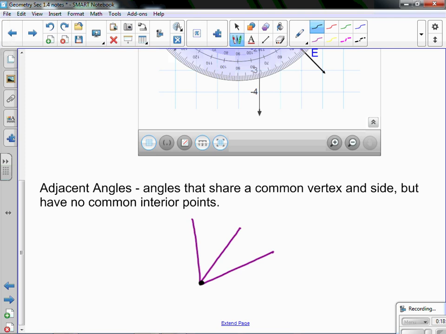So if we have angle A, B, D, C, the adjacent angles would be the two angles that are side by side. They share a vertex and one common side. So in this picture, that would be angle ABC, which is side by side right next to angle CBD. Okay? And so those are adjacent angles, meaning side by side. And that finishes the note.